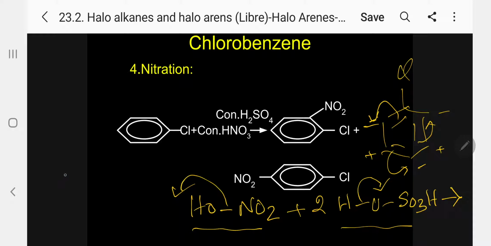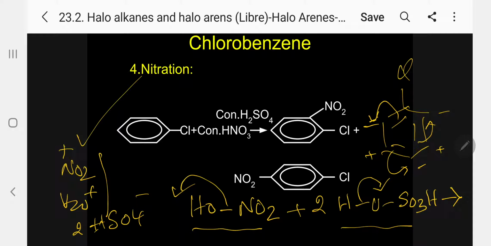Automatically in the product we are getting NO2+ plus one of these species. This is the initial step. Then H3O+, then 2HSO4-. This is step 1 in the mechanism if you want to write. So among these two, NO2+ is the powerful electrophilic reagent compared to H2O.